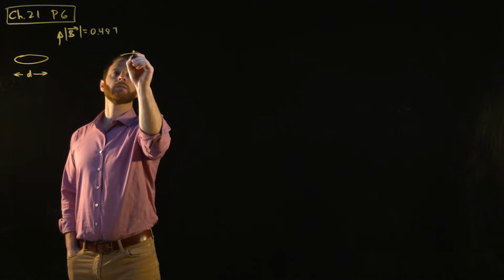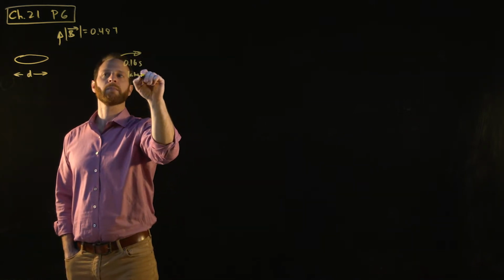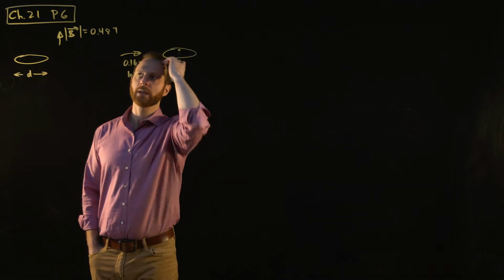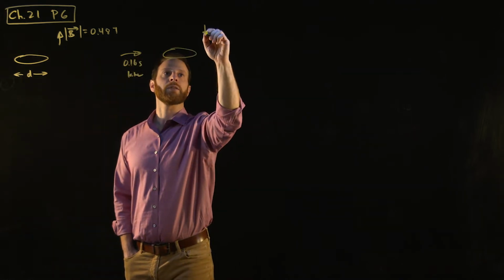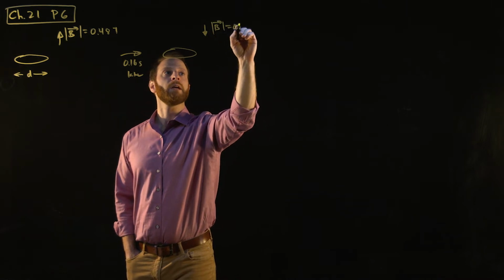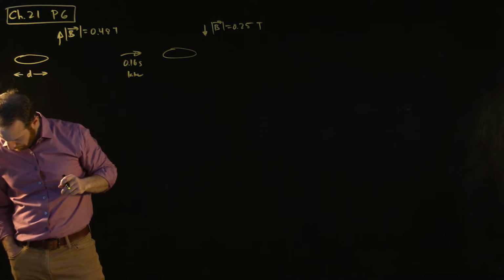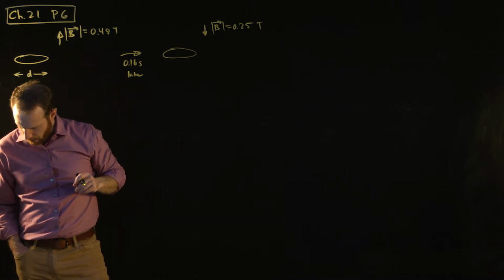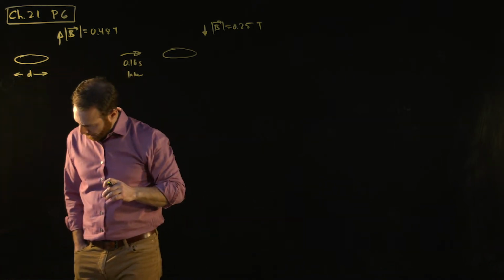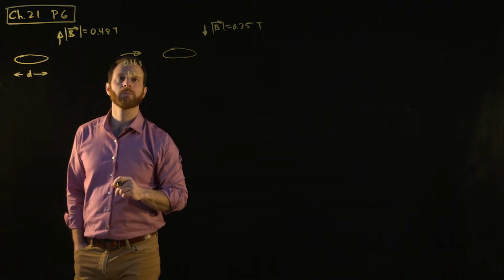And then, 0.16 seconds later, the coil is in the same spot. Magnetic field strength, though, is pointing down, and now it has a strength of 0.25 Tesla. All right, and we're supposed to figure out what is the average induced EMF in the coil.